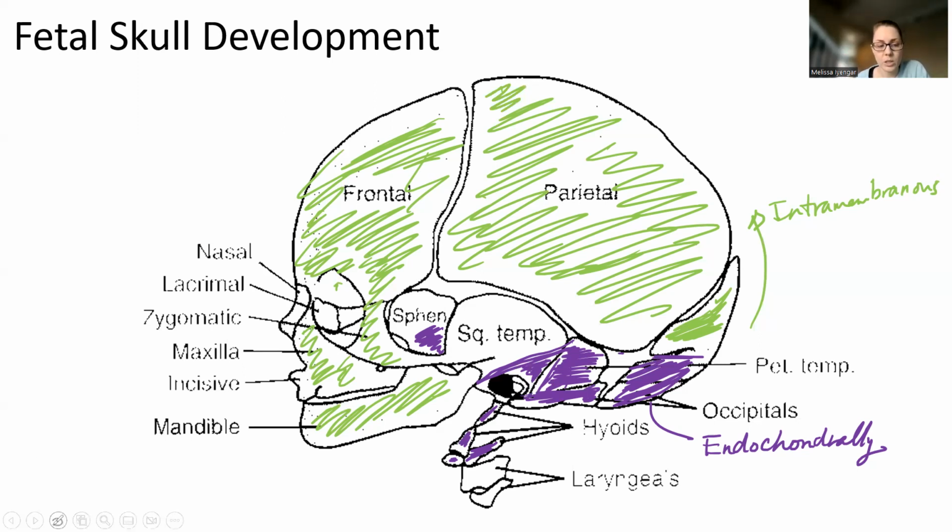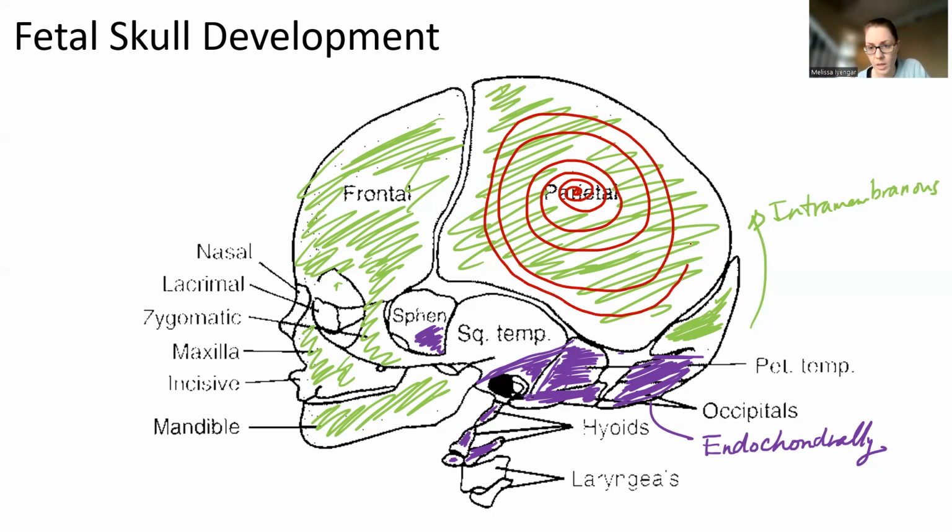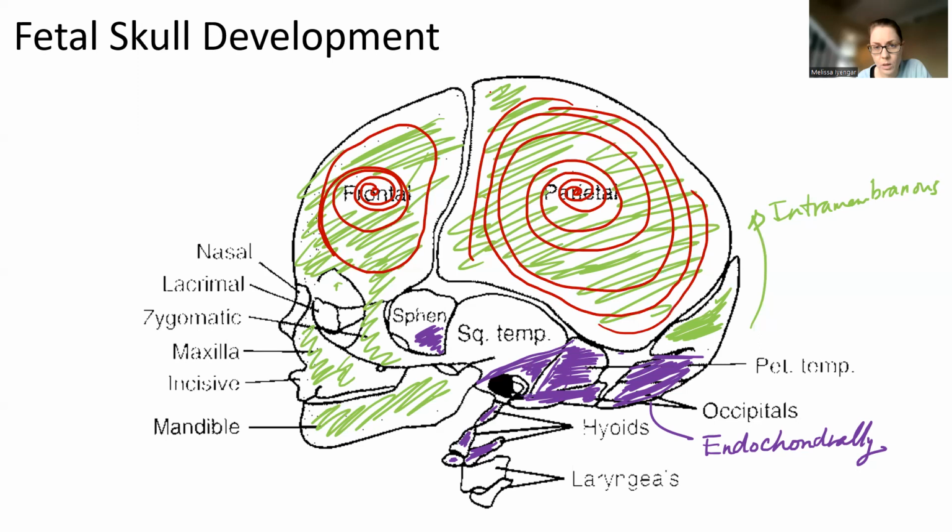And then usually what I teach in some of my other classes is I help them understand that, yes, okay, so when you develop the skull, like the parietal bone, you're going to start to develop bone from the center point outwards. So imagine that was membrane and we start to develop from the center point outwards. And then we have the frontal bone and we develop from the center outwards.